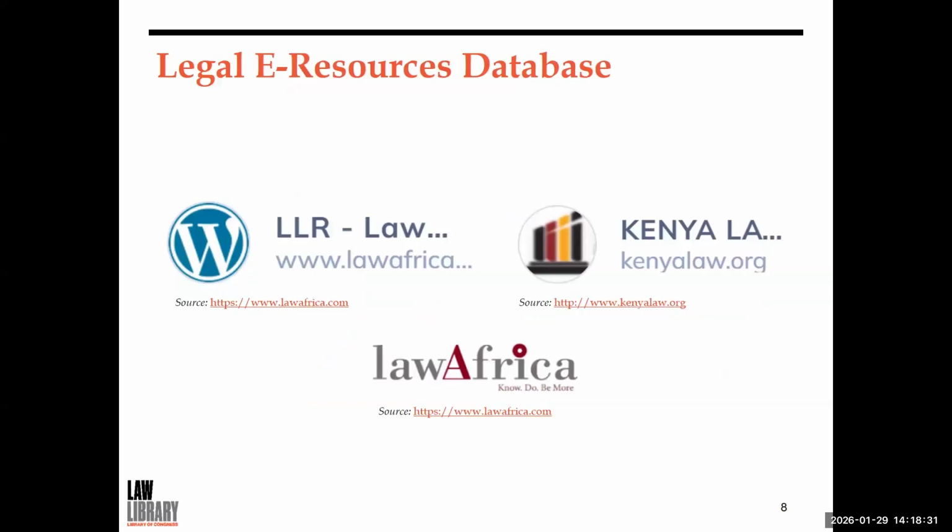In terms of legal e-resource databases, these are some of the ones that we have. We have Law Reports, which is a comprehensive database of reports from Kenya, Uganda, and Tanzania. It currently holds over 30 decisions, which may be from the highest courts in East Africa, among them the Supreme Courts and Court of Appeal.